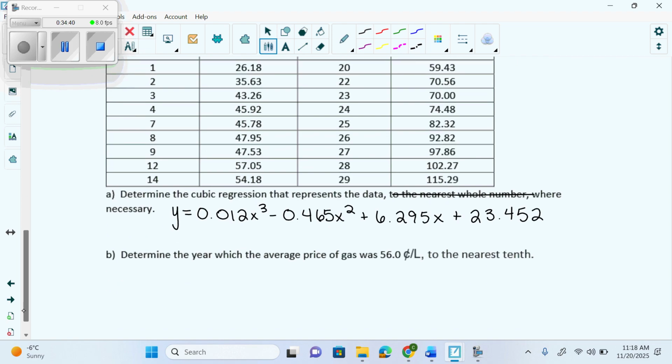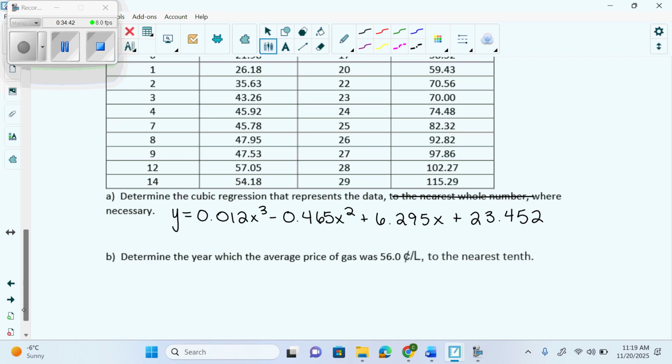So we change our window. X min 0, x max of 60, and then my y min of 0, my y max of, you could say 150. And I have a cubic function.